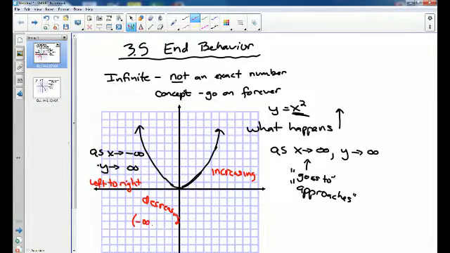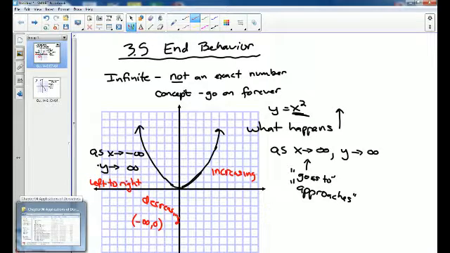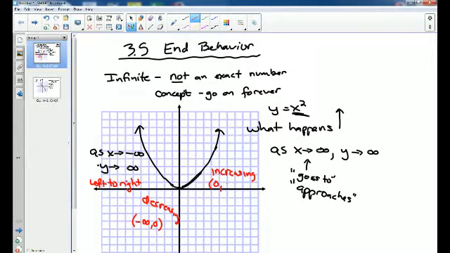Negative infinity to what? That's from 0 to infinity. This one, yes, increasing from 0 to infinity. Why do I not include 0?